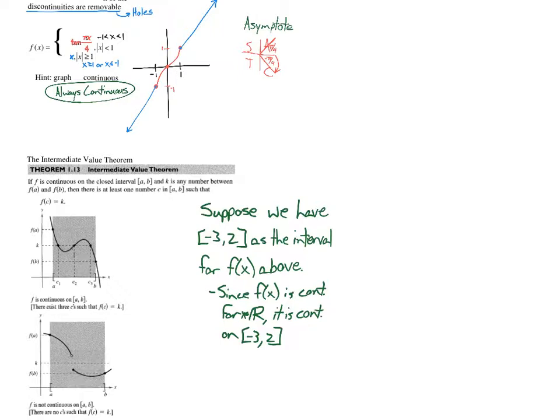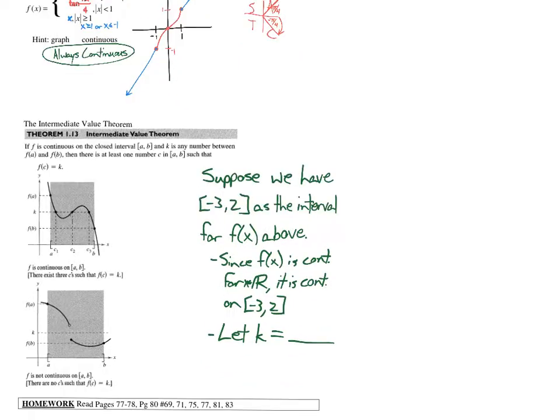Secondly, we're going to let k equal something. Now, before we can pick a value for k, we do need to make sure that it meets the second condition. K has to be between f of -3 and f of 2.